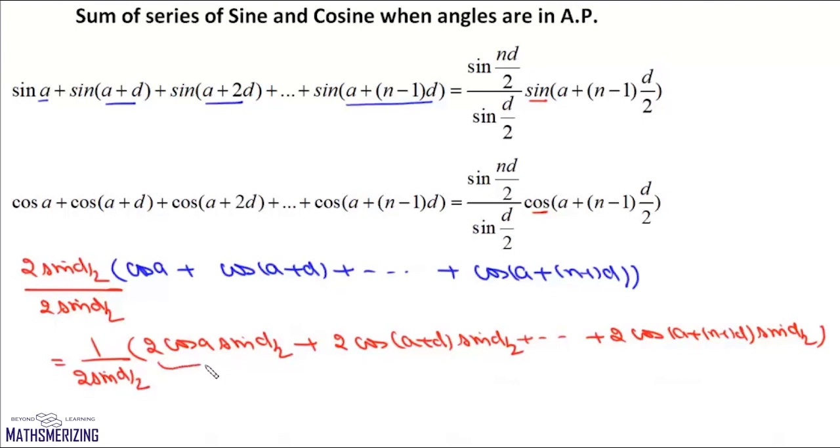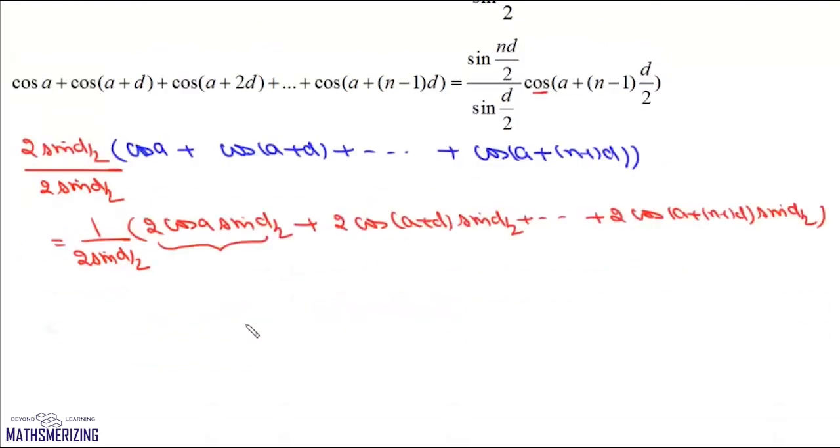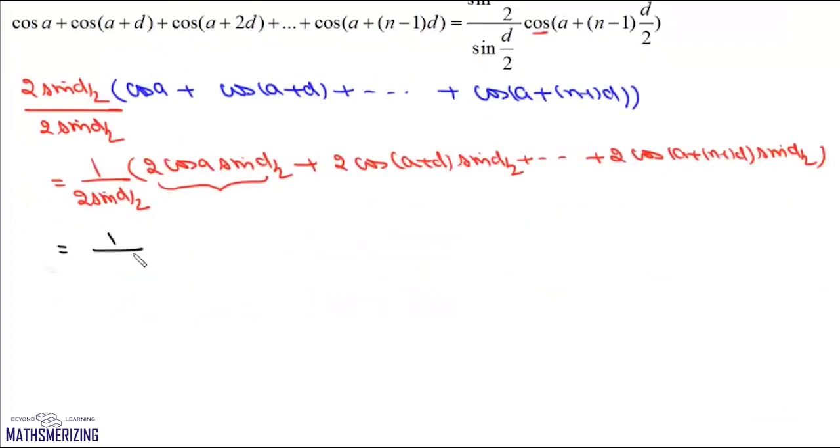Now 2 cos A sine B, it is sine A plus B minus sine A minus B. So we'll use the formula. Now we can write this as 1 upon 2 sine d by 2, and this is sine A plus B, which is sine A plus d by 2, and minus sine A minus d by 2.